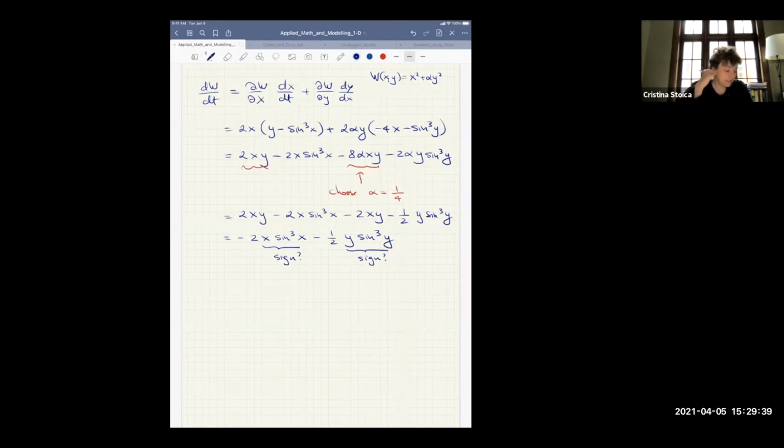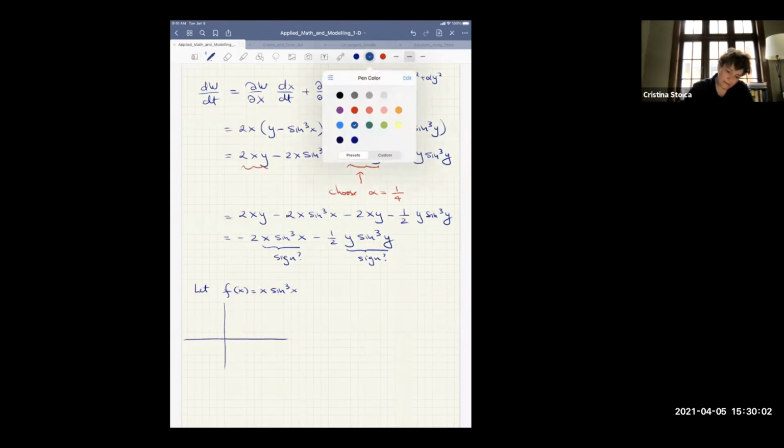Okay, so let's study this function. Let's say f of x is x sine 3 of x, okay? And let's think how this function looks and what it is. Everything has to be around 0.